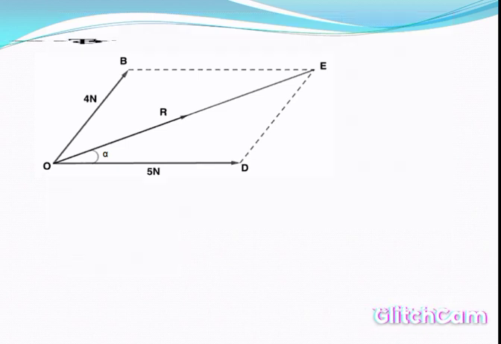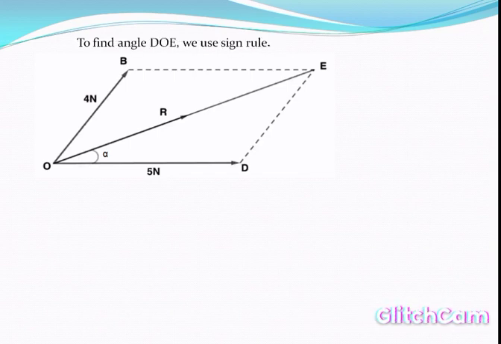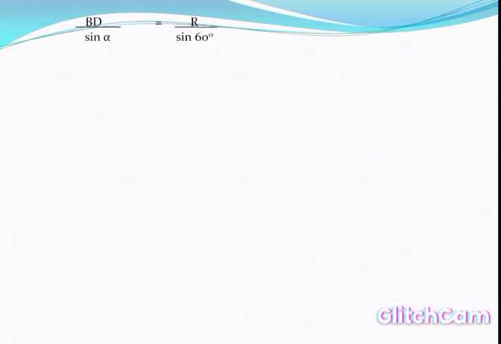Now to get the direction, or the angle DOE, we are going to employ the sine rule. So by applying the sine rule, BD all over sine alpha equals r all over sine 60 degrees. Remember that 60 degrees is the angle between the vectors.